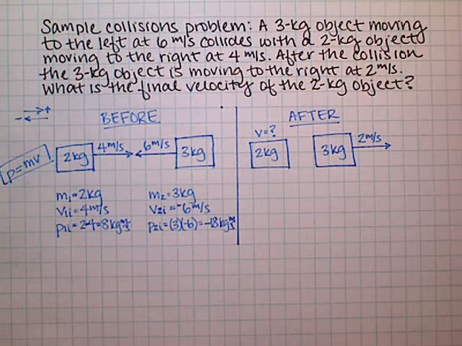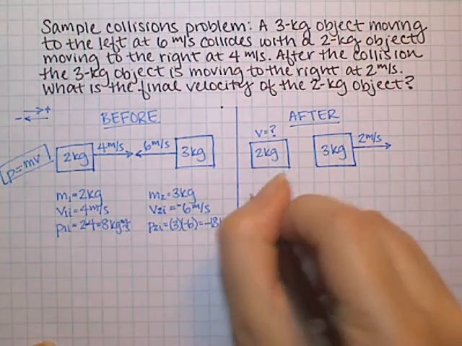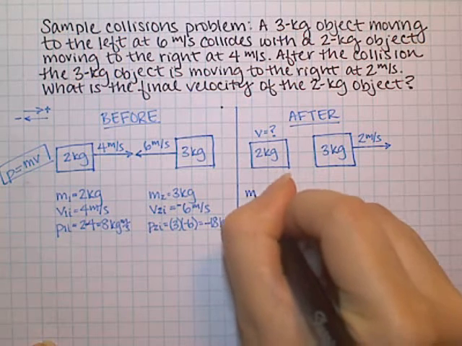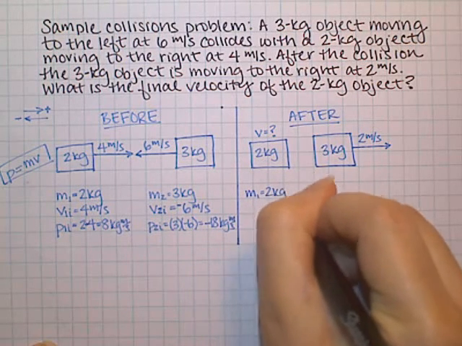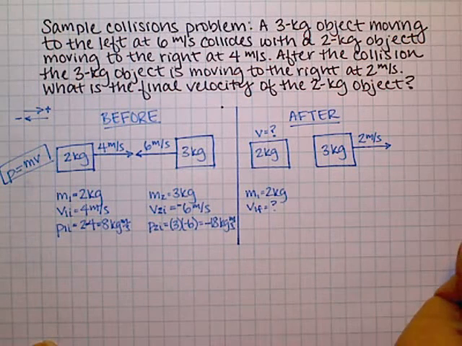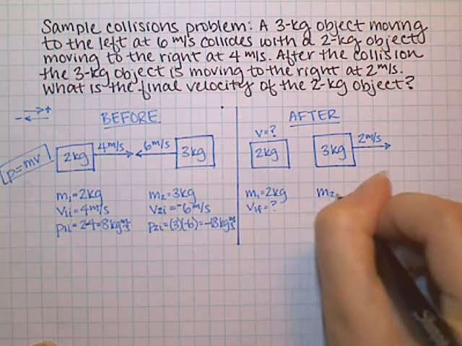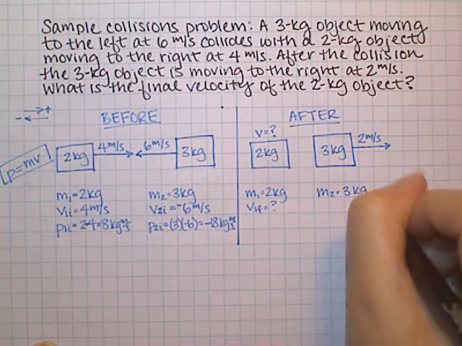All right, so I've got all of that information there for me. And I can just list out that same information over here. So my first object still has a mass of 2 kilograms, but now I'm trying to solve for its final velocity. I don't know what that is, so I'm just going to leave that as a mystery. And my second object still has a mass of 3 kilograms.